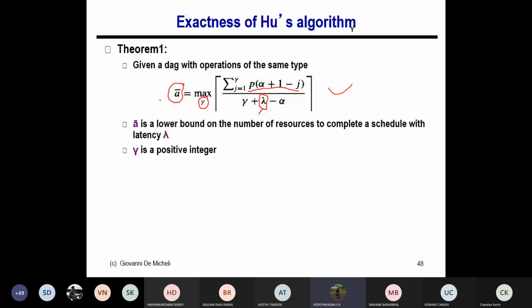Excuse me, sir. Yes, which slide are you on? Are you on the exactness of the algorithm slide only? I'm on 49 now. Could you reshare it, because it's stuck for me. I don't know about others.